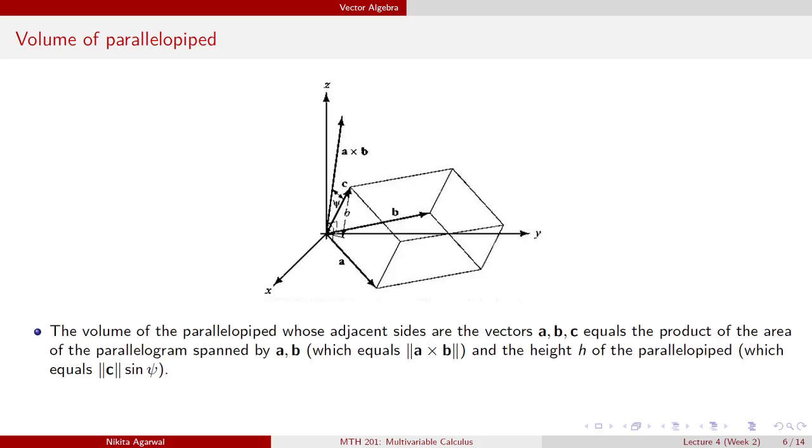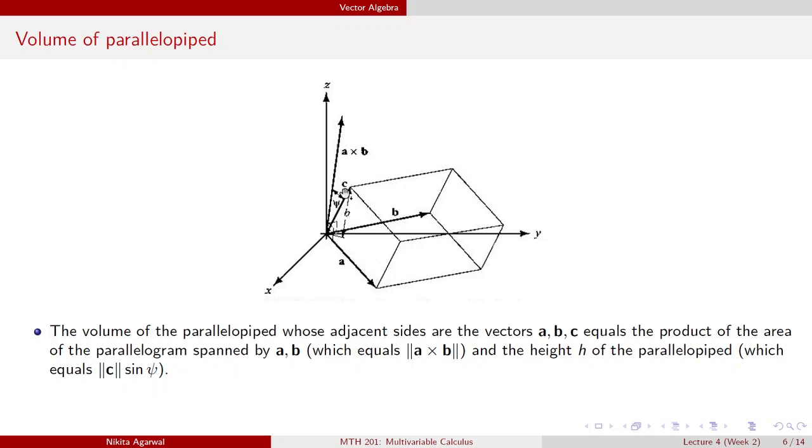So the volume of the parallelepiped whose adjacent sides are vectors A, B, C equals the product of the area of the parallelogram spanned by A and B, which equals norm of A cross B, and the height of the parallelepiped, which is norm of C sine psi. Why?